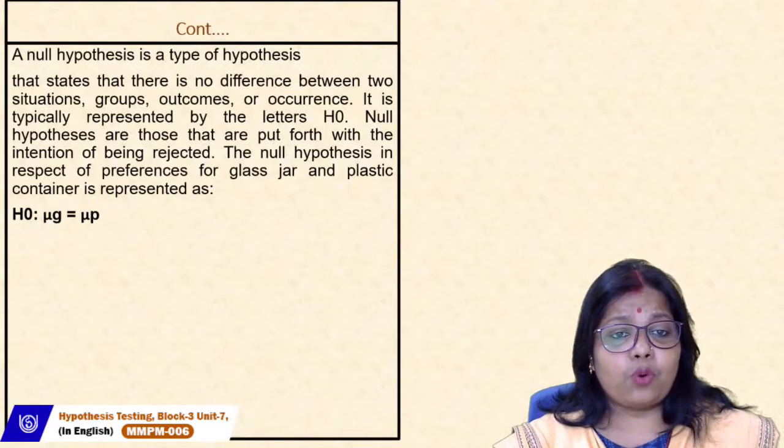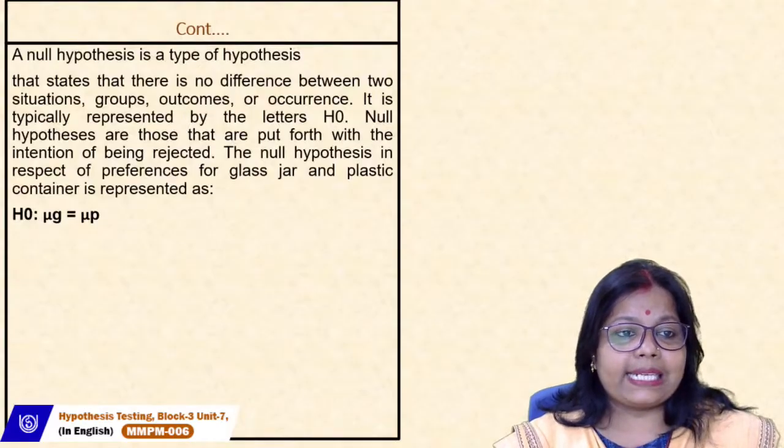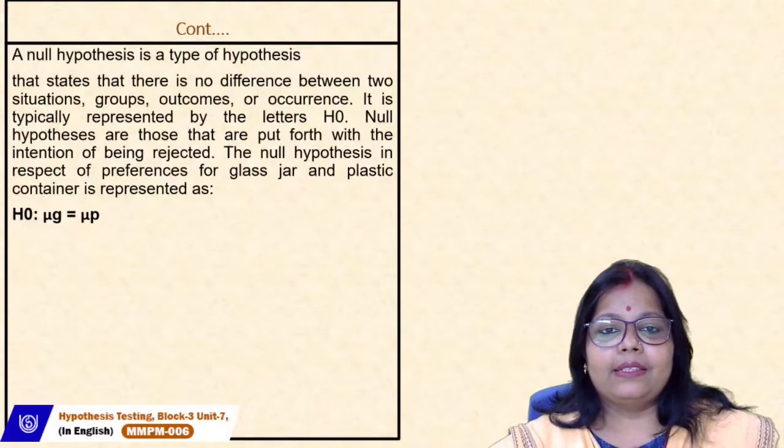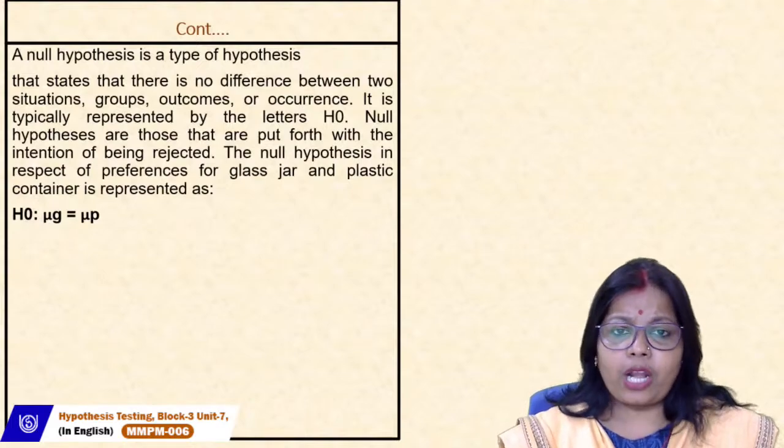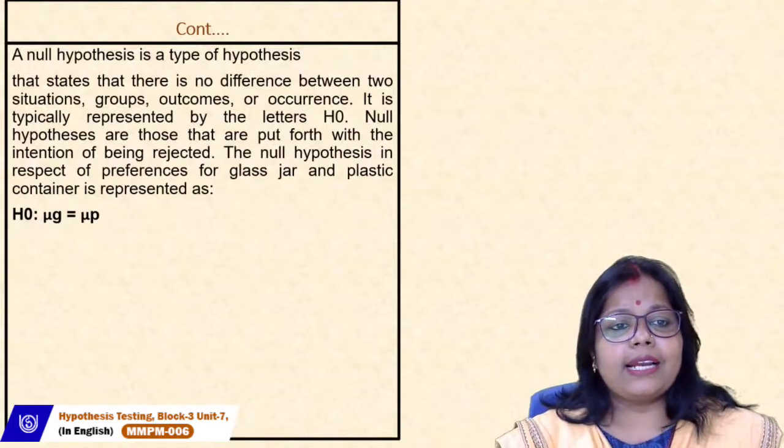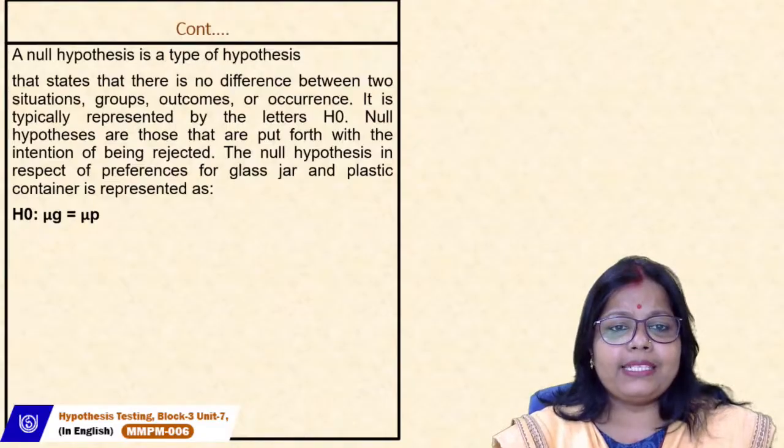Null hypotheses are those that are put forth with the intention of being rejected. So when we are framing the null hypothesis, the intention is that this hypothesis is going to be rejected.